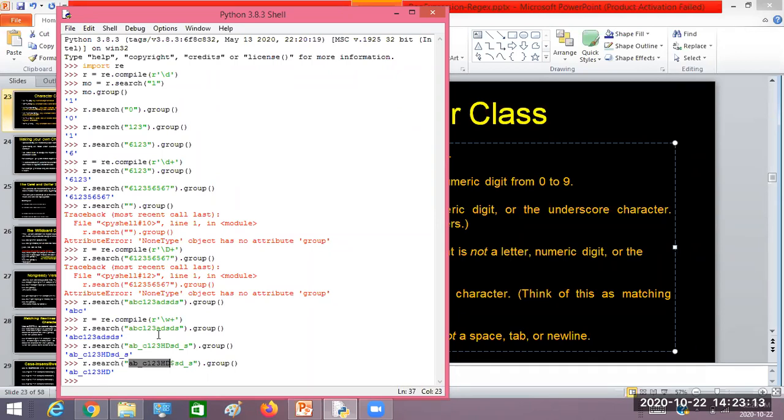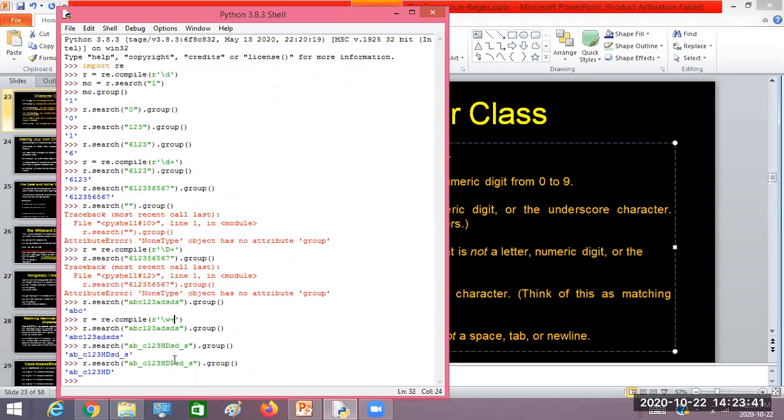So till this D it is matching the pattern. The dollar symbol is not in the pattern, so it stops its operation. Whatever was matched till then is the output. Did you get this one? Yes, sir.